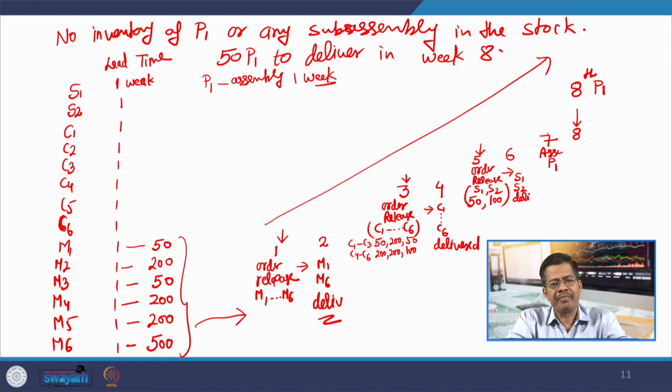Another important thing, there may be some constraints from the supplier side also. For example, if you see in this diagram, there are many situations where we have placed an order of only 50 units, for S1, for C1, for C3. It is quite possible that the supplier may say, I am not going to accept an order of just 50 units, you need to place an order of, let us say, minimum 100.